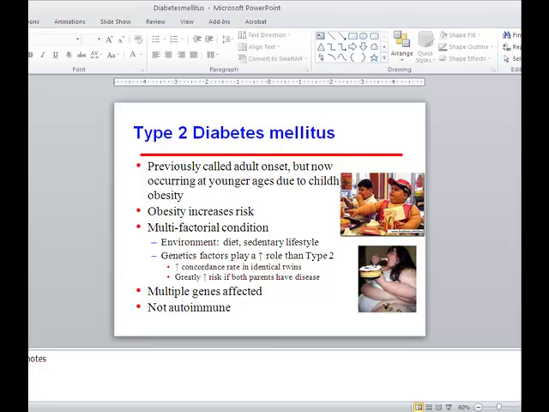Yes? If you're predisposed genetically to get type 1, could you develop type 2 or vice versa? If you are predisposed to type 1, you could. If for some reason these individuals are highly obese, or without the obesity, you just have a genetic factor or environmental factor, could it go between type 1 and type 2?